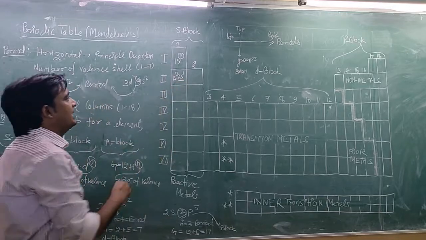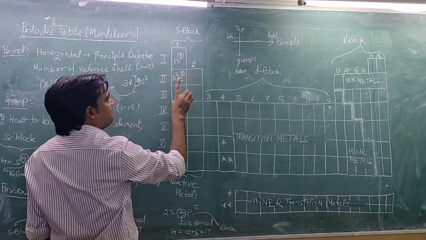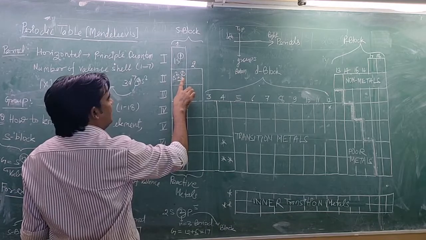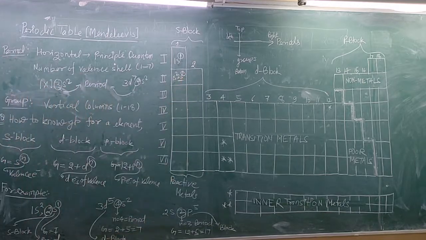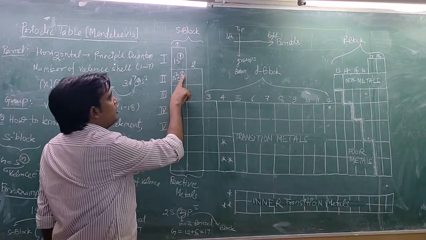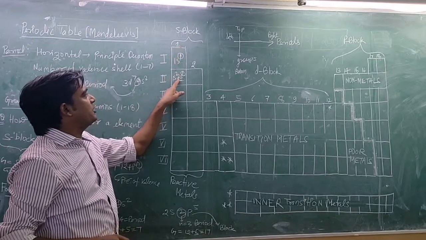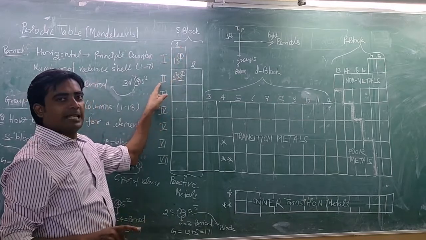The last electron in the valence shell, the s orbital, has only one electron, so it belongs to the first group, sorry. And the principal quantum number is 2, so it belongs to the second period.